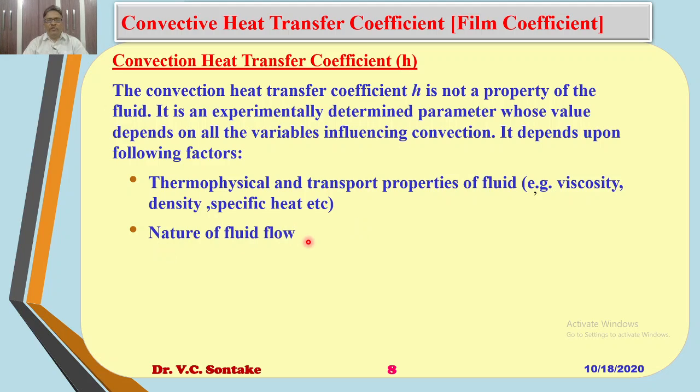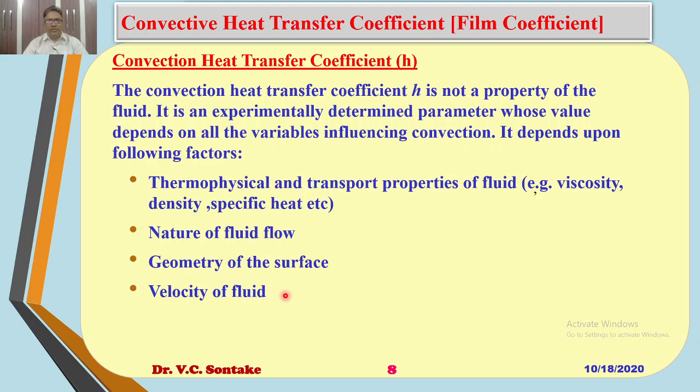Number 2, nature of fluid flow, that is, whether the fluid is laminar or turbulent, free or forced. Number 3, geometry of the surface, whether it is a plate, a cylinder, a sphere, or any other geometry.